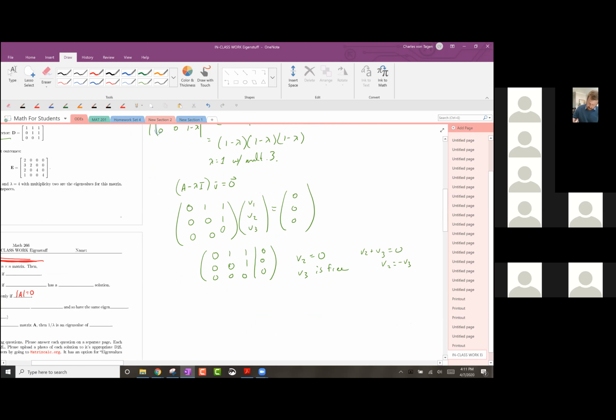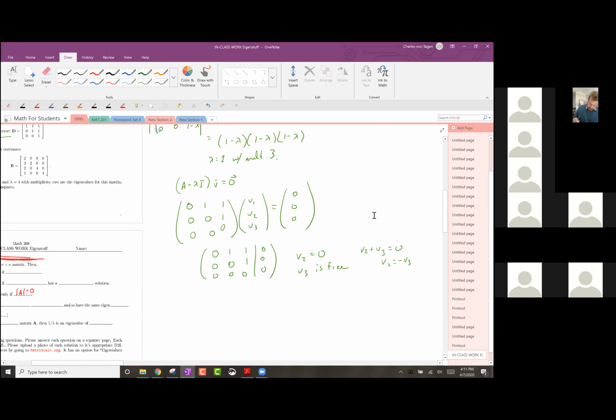Oh, sorry. So I'm sorry, this doesn't tell us V3 is free. This equation right here tells us V2 equals 0. And then this tells us that V2 plus V3 has to equal 0. So that means V3 also equals 0. And then that means that V1, notice it doesn't have a pivot, so V1 is free in this case.